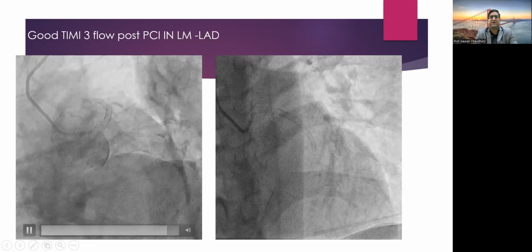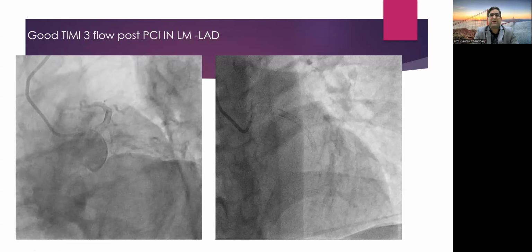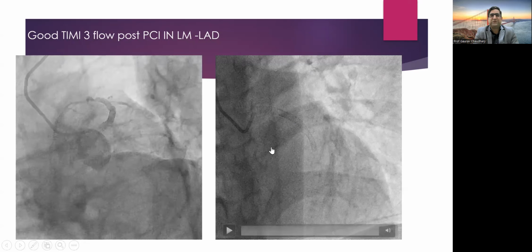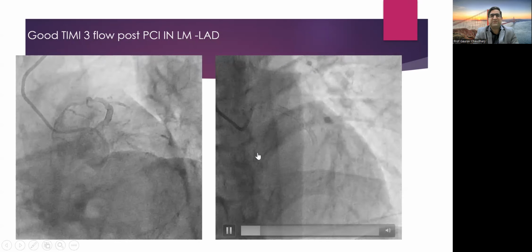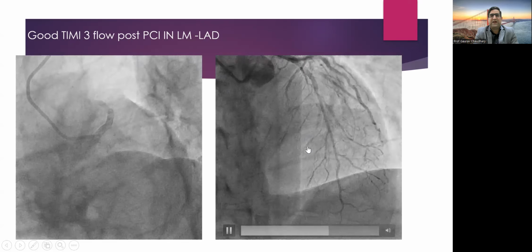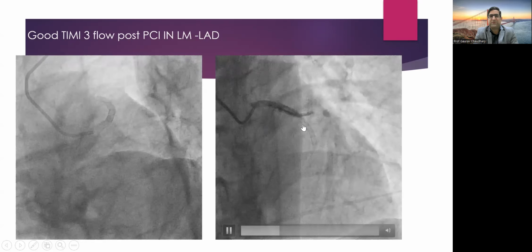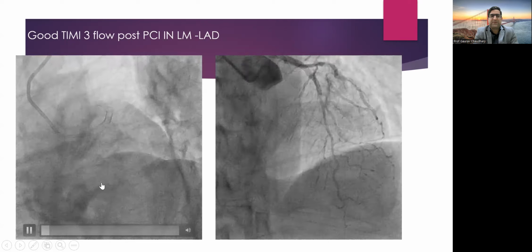At an initial step, we came near the left main while we were negotiating the wire. So LM to LAD, these stents were implanted, and this was the end result. Good TIMI 3 flow was obtained.